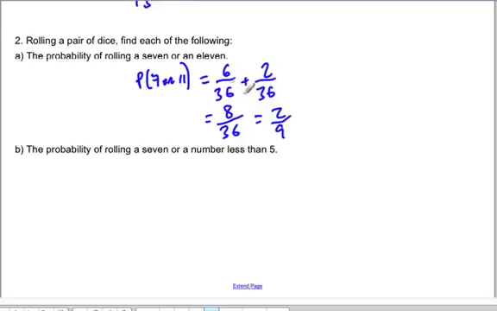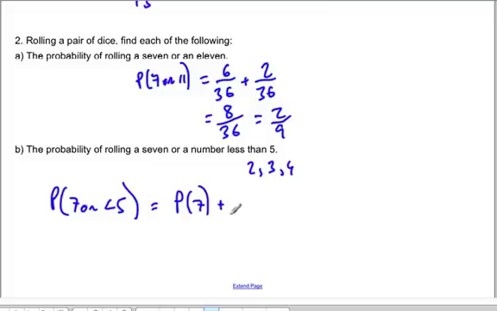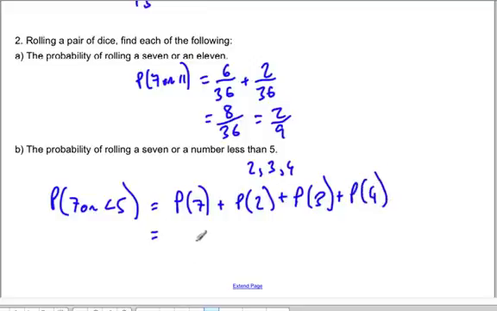Next, the probability of rolling a 7 or a number less than 5. That would be a 2, a 3, or a 4. So the probability of rolling 7 or less than 5 would be equal to the probability of rolling a 7 plus the probability of rolling a 2 plus the probability of rolling a 3 plus the probability of rolling a 4. All of those would be favorable outcomes.